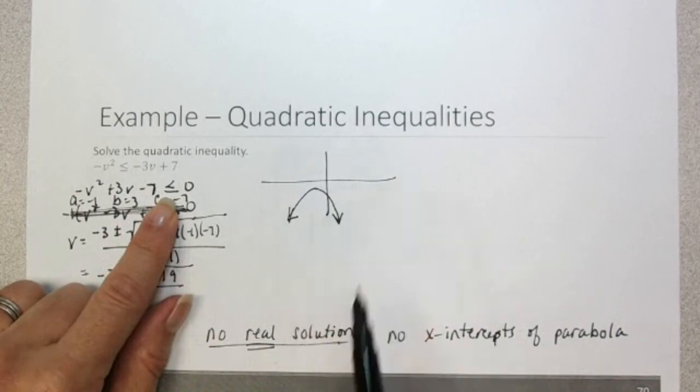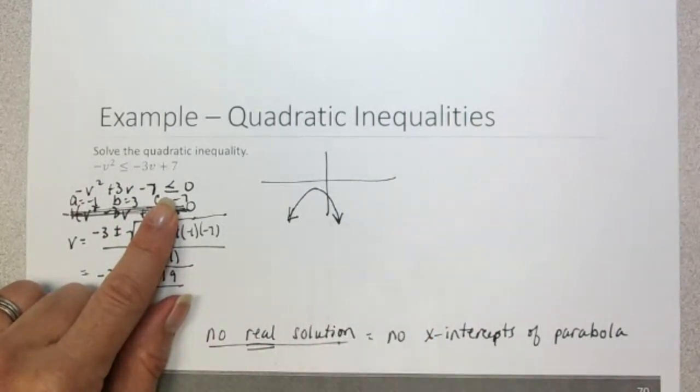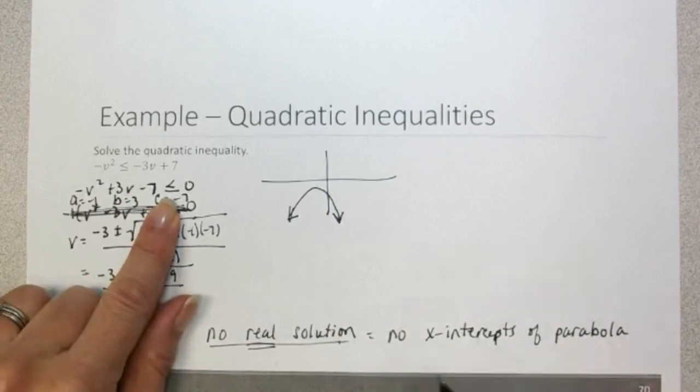Well, we know this is a downward facing parabola, so we know that this whole thing is going to be less than 0. That we know that any x value is going to give you a negative y value, right?